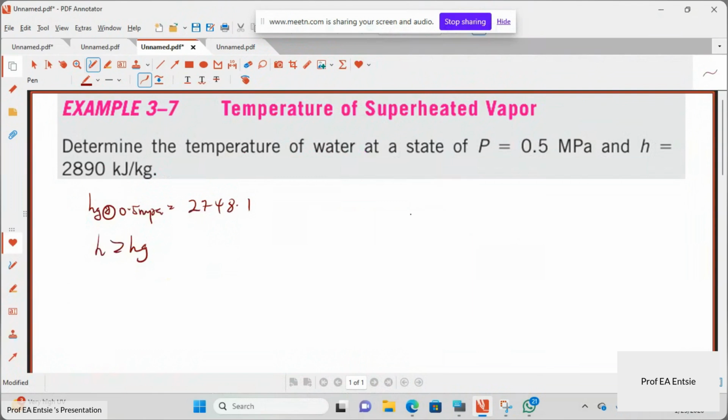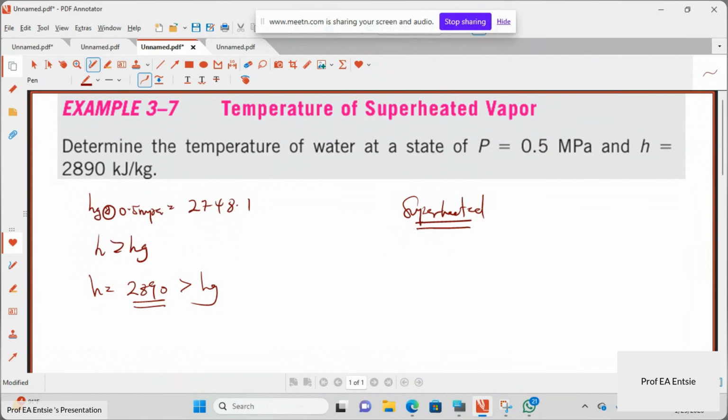So you will use that particular enthalpy we compared with Hg, which is H is 2890 greater than Hg. You use this property, that is this value, at superheated steam table. Then you compare temperatures because the question is asking us for temperature.